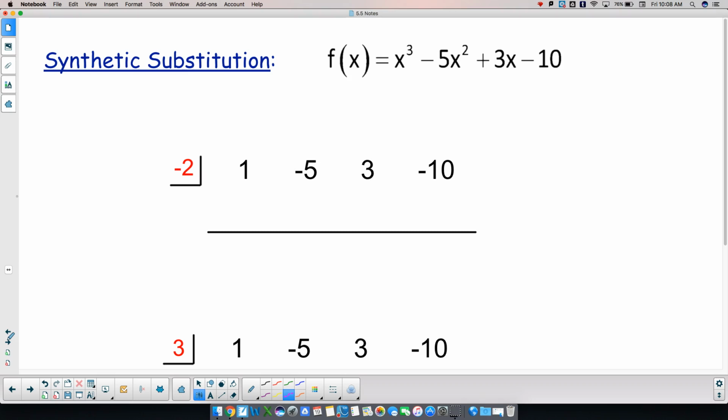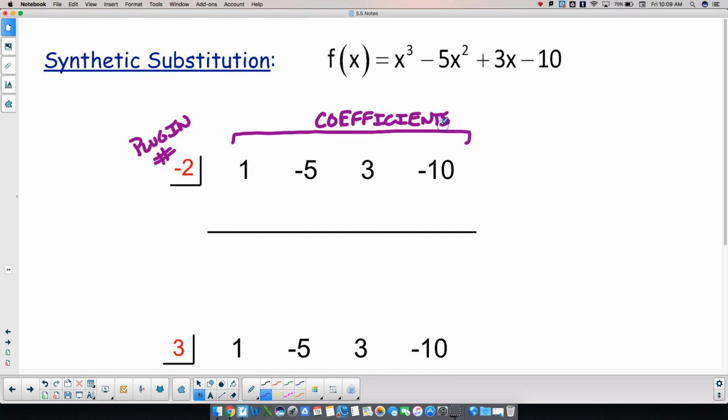What we do up here is this is the plug-in number. These are the polynomial's coefficients in order.